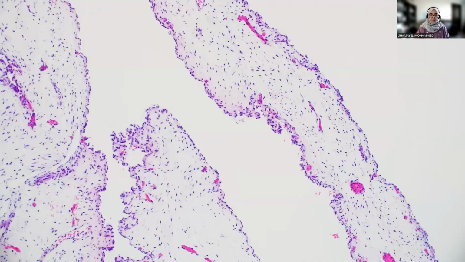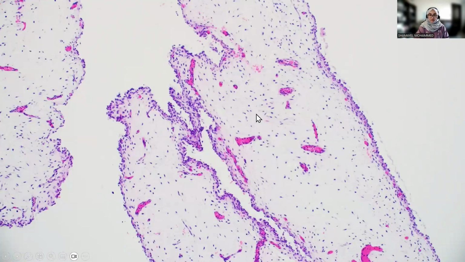We received the specimen and submitted sections. This is a section from the cystic cavity. You can see here there are some dilated spaces with the cavitary wall or the cyst wall showing edematous changes. The lining appears to be low cuboidal to flat.